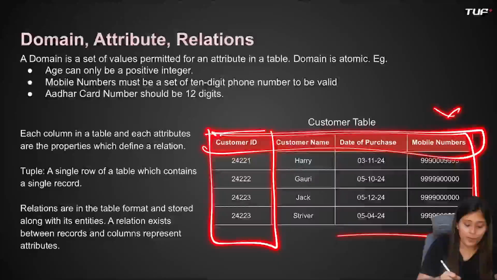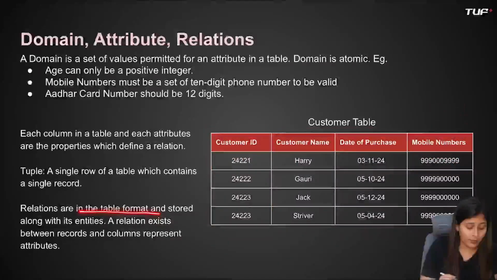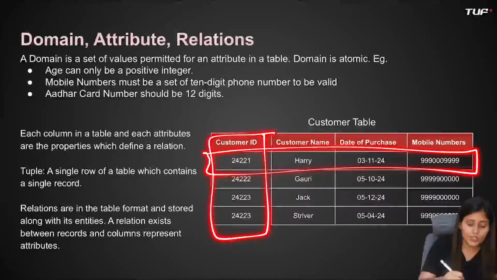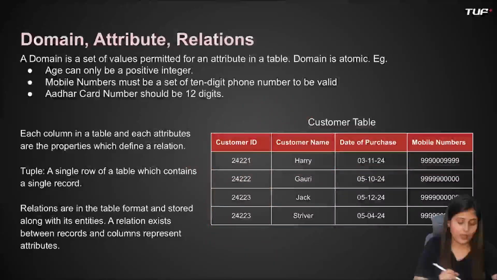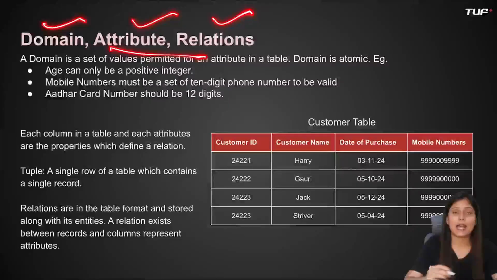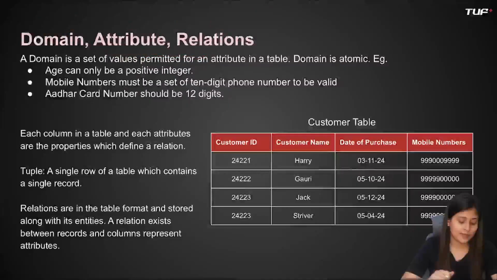So together they form a relation. Relations are in the table format and stored along with its entities. A relation exists between records and columns. So a relation exists when records and columns together combine and form relations. So this is all about domain, attribute and relation and what exactly each parameter defines.